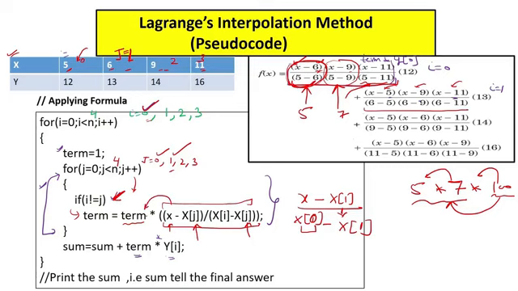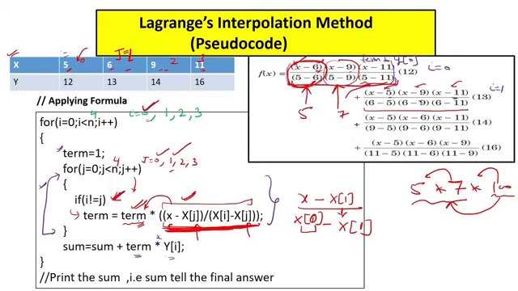Okay, now you tell me, if I multiply something with, let's say, anything. Let's say I'm multiplying this thing with this thing and I want only this answer. After multiplying we want the same answer, then what should be the value inside this term variable, so that I get the same answer?